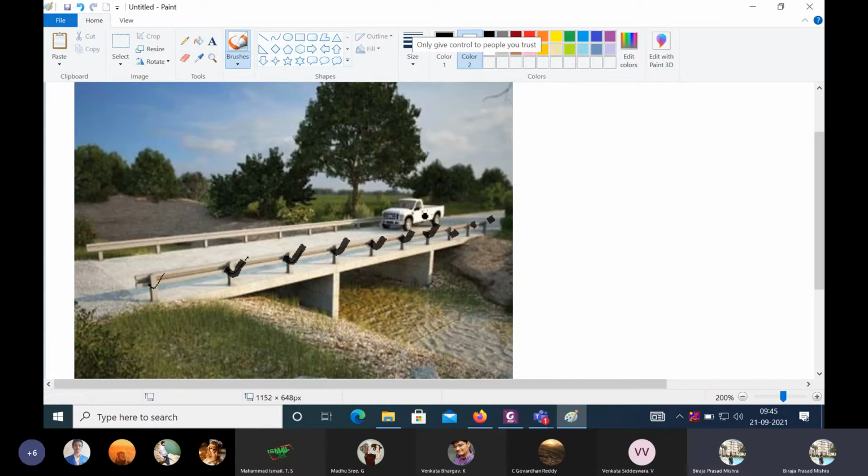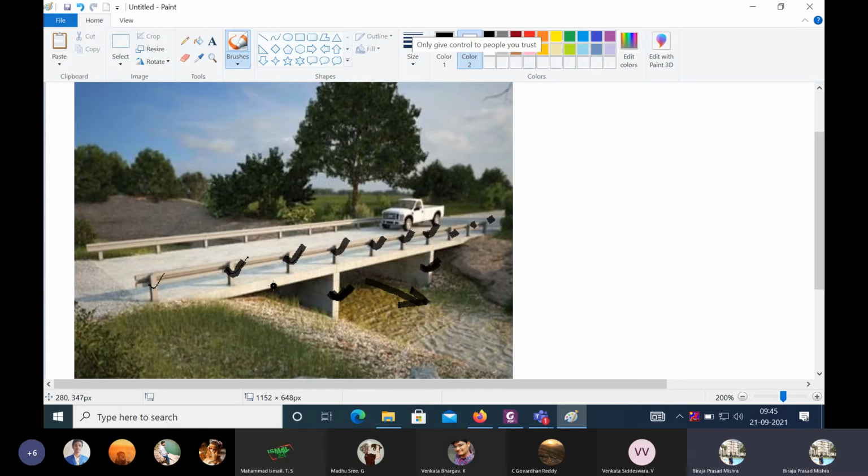The vehicle may travel from this side to the other, or from the other side to this one. What are these called? Yes, piers. And water may travel from this side to the other.